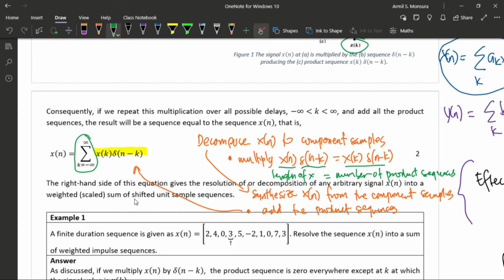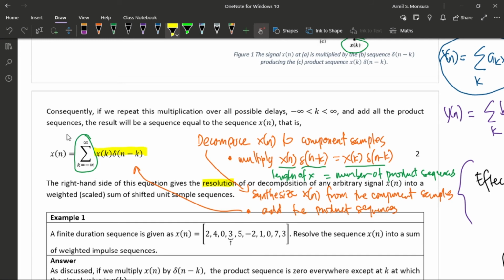So the right-hand side of this equation gives the resolution, yun yung synthesis, or decomposition of any arbitrary signal. The product x of k times delta n minus k is the decomposition. Yung summation operation is the resolution or the synthesis.